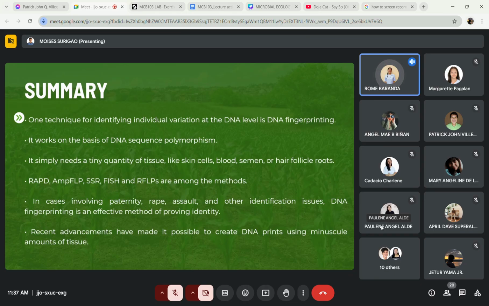And in cases involving paternity, rape, assault, and other identification issues, DNA fingerprinting is an effective method of proving identity. And recent advancements have made it possible to create DNA prints using minuscule amounts of tissue. So, next slide.